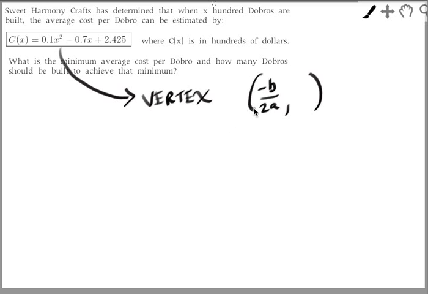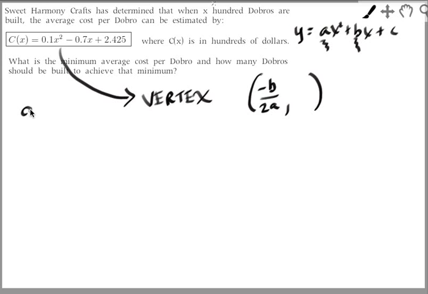So the question now becomes, what is the b and the a? And we use the quadratic equation in standard form like this as a way of referencing that. The a is the coefficient of the x squared term, and the b is the coefficient in front of the x term.